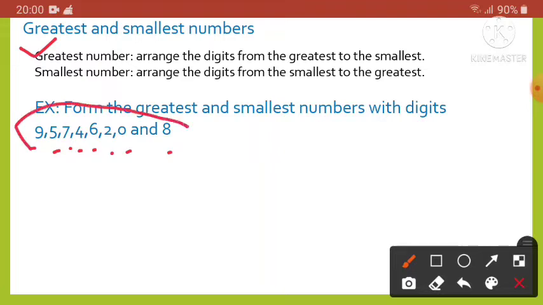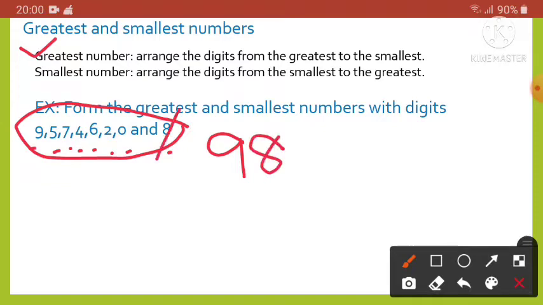So among all these numbers, which is the greatest number? First 9. Next, what is the number? That is 8. Next greatest number is 7, so write 7. Next greatest number is 6, so write 6. Next greatest number is 5, so write 5 here.